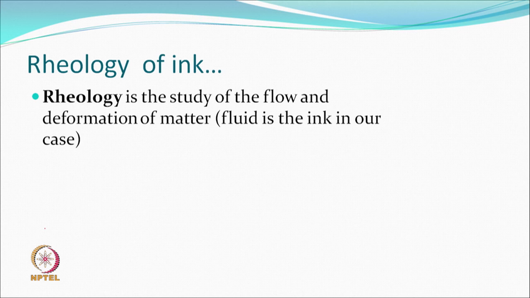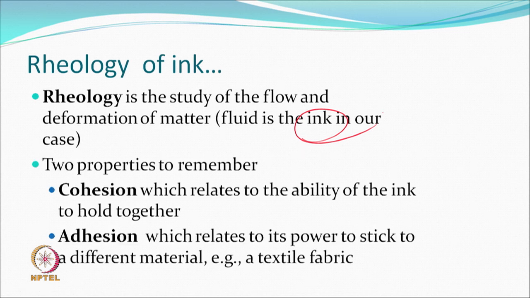So, what is rheology? It is the study of the flow and deformation of matter. In our case, it is the ink which is flowing through a nozzle. Two properties are important. One, obviously cohesion, which relates to the ability of the ink to hold together, and the other is adhesion, which relates to its power to stick to a different material.